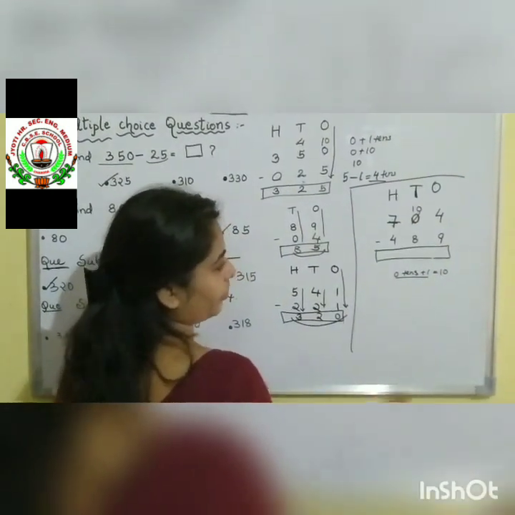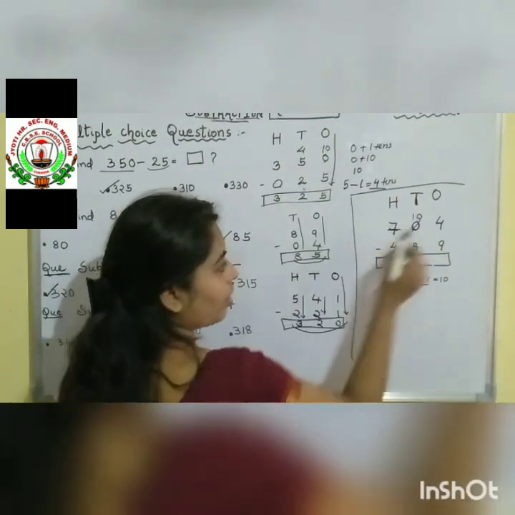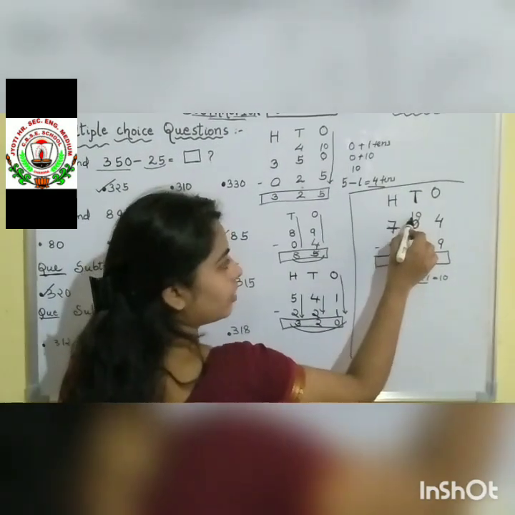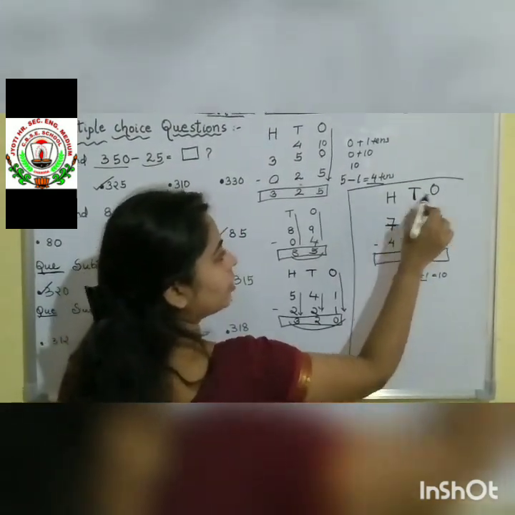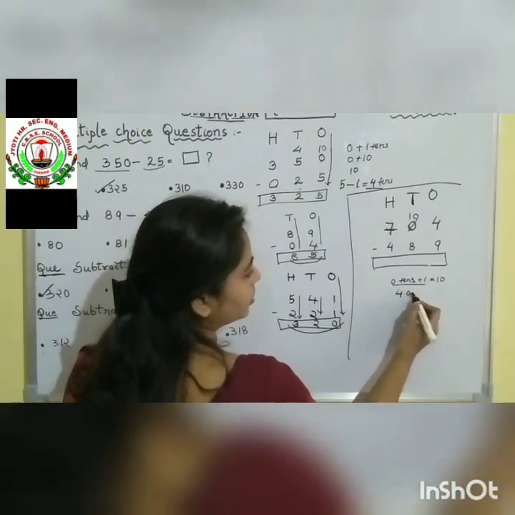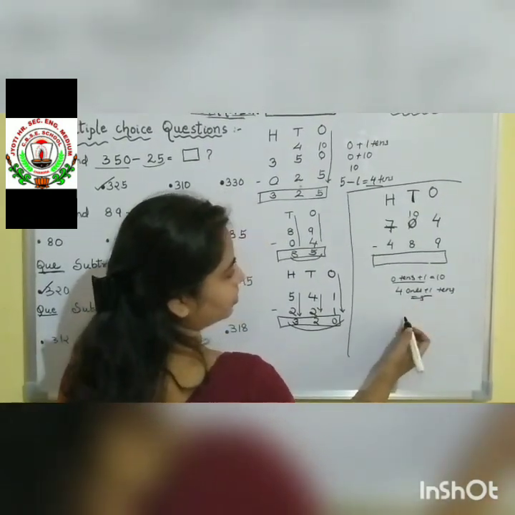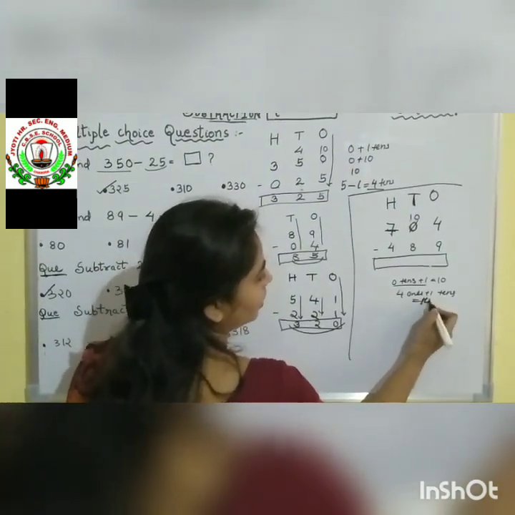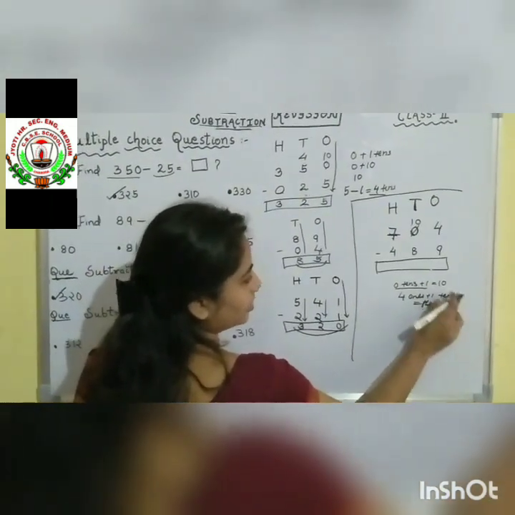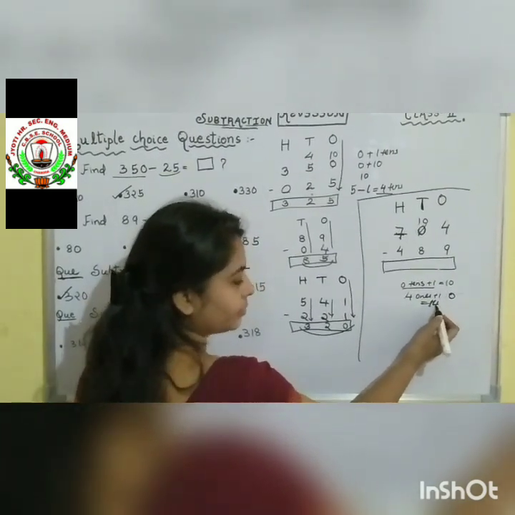10 it became. But the ones place has asked previously. This ones place has asked from this place previously, so this 10 will not remain the same. It has to give 1 ten to the ones place. So 4 will now become 14, because 4 ones and 1 ten, that means 4 plus 10, that becomes 14.